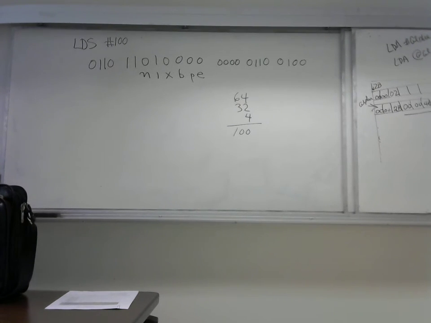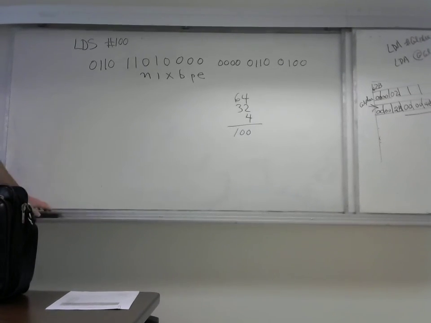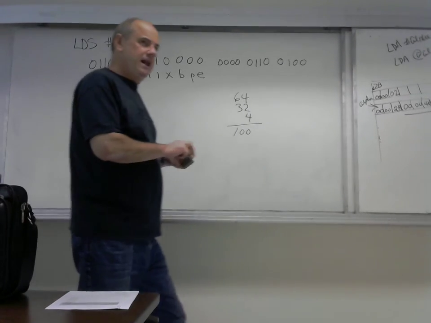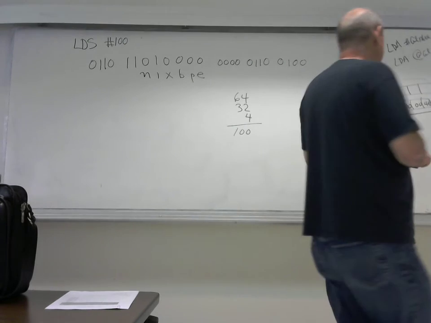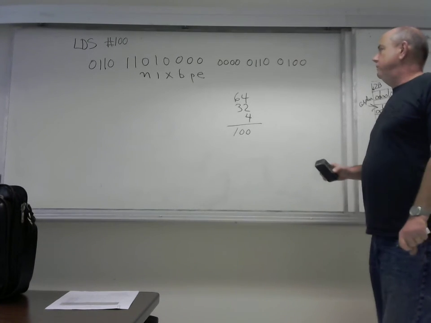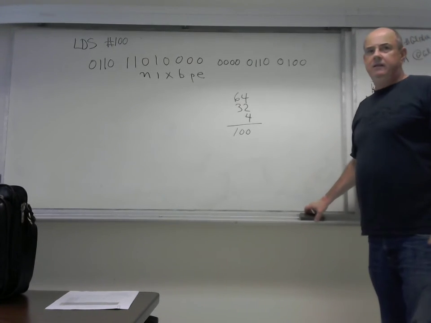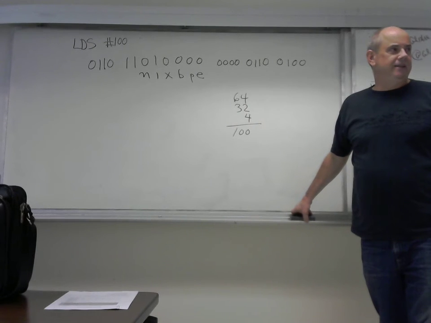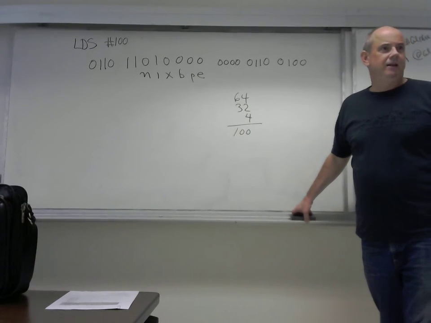So is everybody on board? You can't put 100 there. It's not going to work. It has to be binary. So yes, you're going to have simple conversions. I think this is fair. I think all of you should know that 6 times 16 is 96. You should know that.